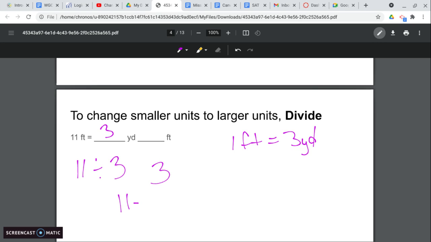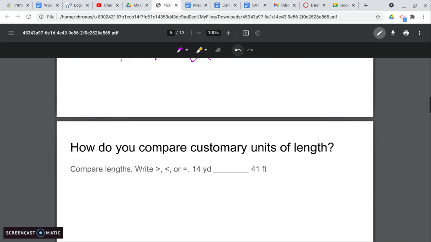And 11 minus 9 equals 2, sorry, wrote the wrong thing. There are 2 feet left over because 9 plus 2 equals 11. So 3 yards and 2 feet.